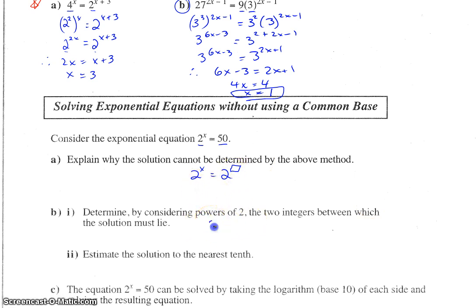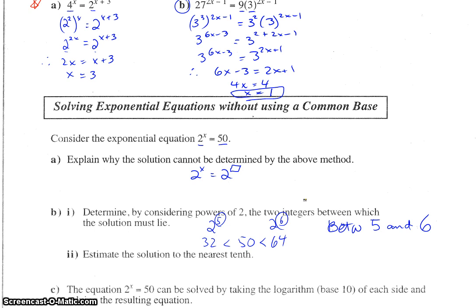It might be between, let's see, 2 to the 5 is 32, and 50 is bigger than that, and then 2 to the 6 is 64, and 50 is smaller than that. So I think our answer needs to be between 5 and 6 because of the exponents here. Okay, we could estimate the solution, but that's probably good enough.